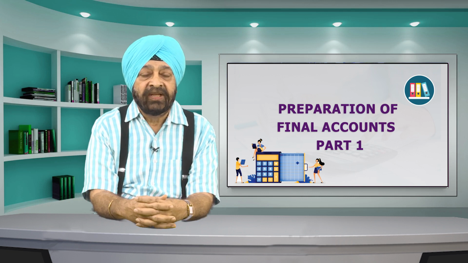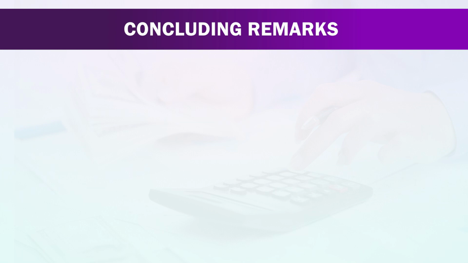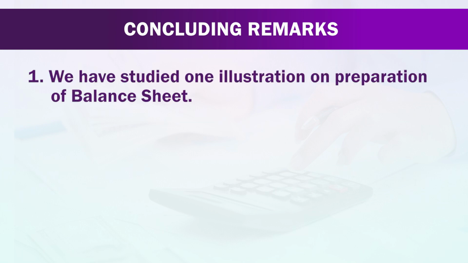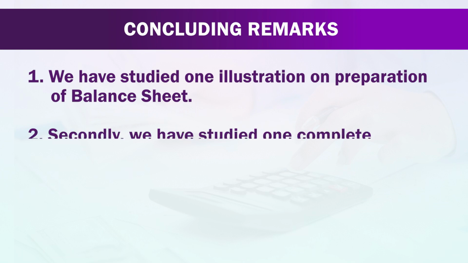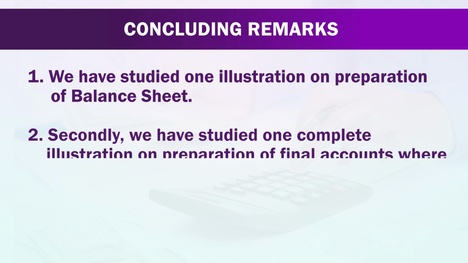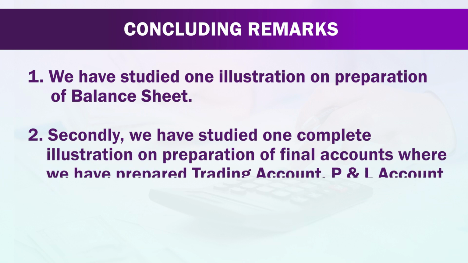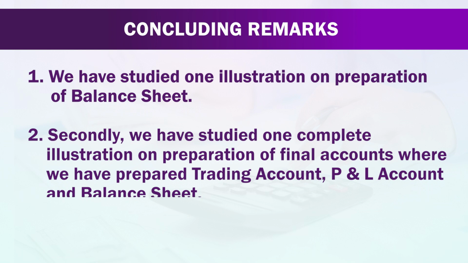Now, friends, let us recollect the discussion of this part. In this part, we have studied one illustration on preparation of balance sheet. Secondly, we have studied one complete illustration on preparation of final accounts, where we have prepared trading account, profit and loss account and balance sheet.